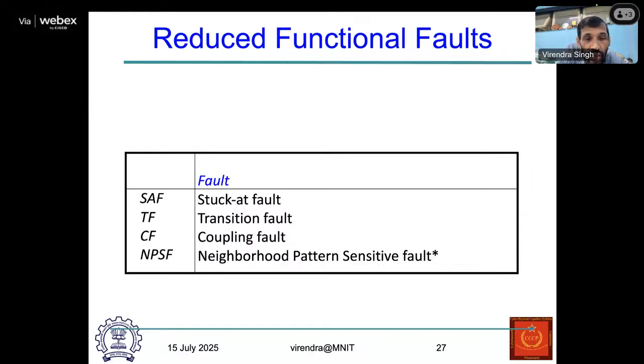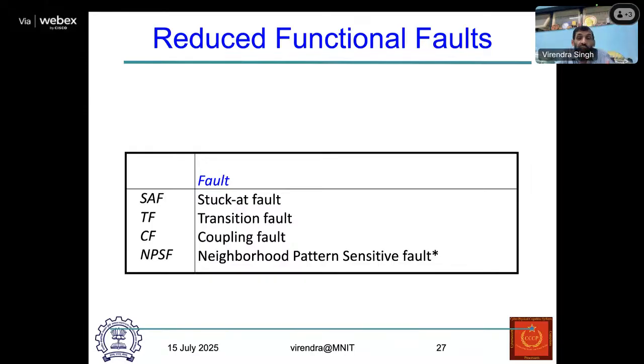Because these cells are close to each other and they are storing, there is a possibility of capacitive coupling between two cells. If there is a capacitive coupling, then a change in one cell may start to affect the change in another cell. That's where the problem starts to occur.